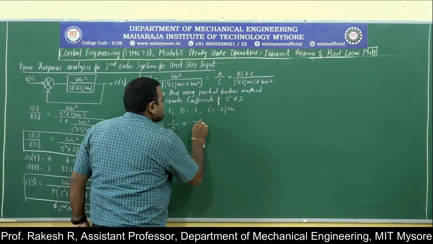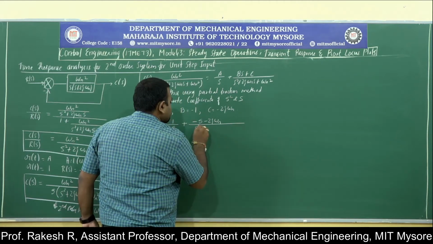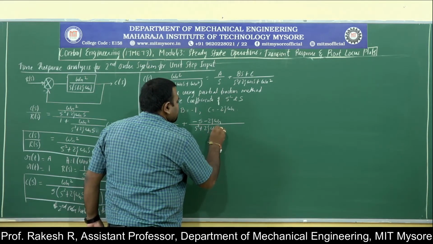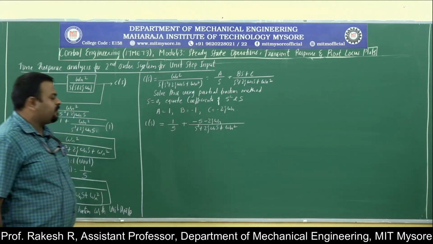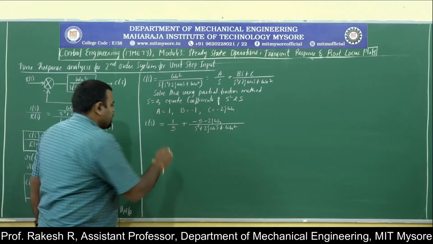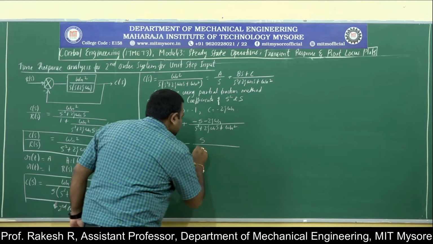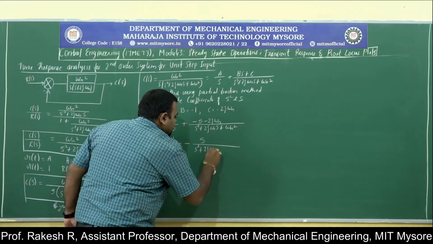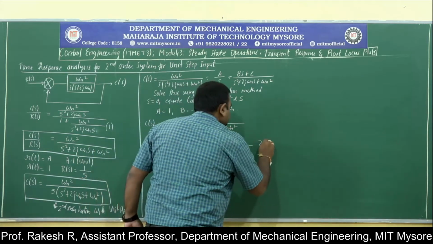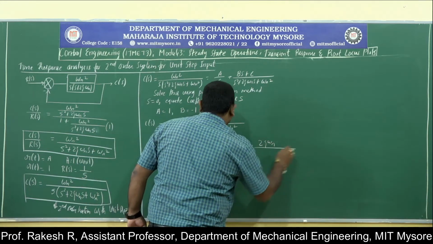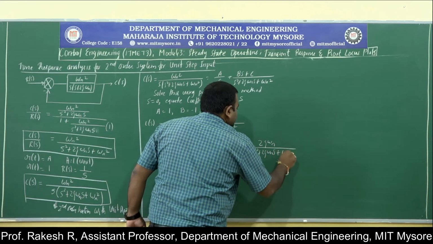B is minus s minus 2 zeta omega n divided by s square plus 2 zeta omega n s plus omega n square. Again, I will split this into two parts: 1 by s minus s divided by s square plus 2 zeta omega n s plus omega n square minus 2 zeta omega n divided by s square plus 2 zeta omega n s plus omega n square.